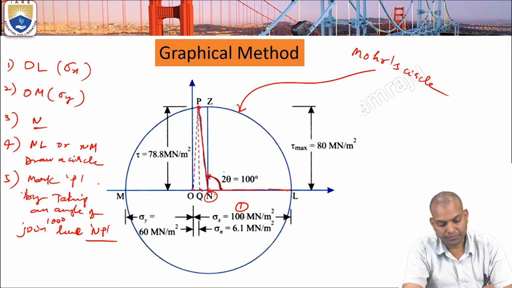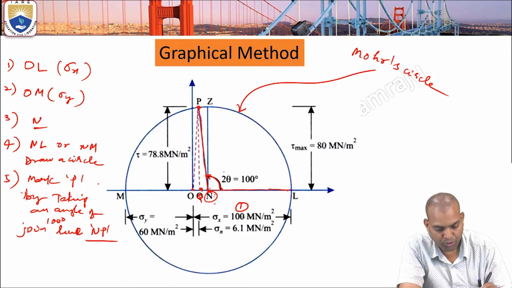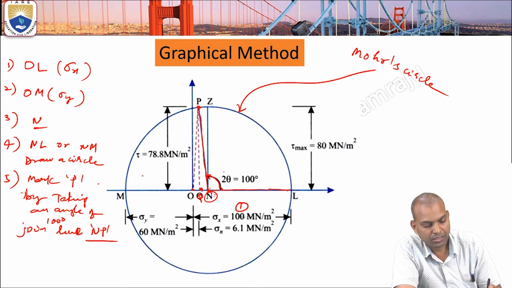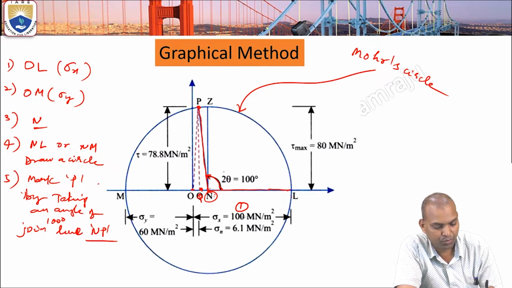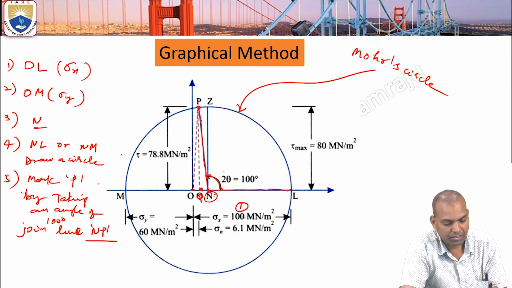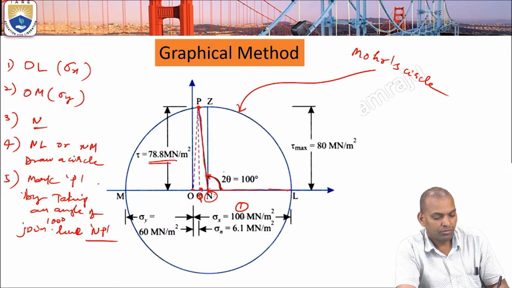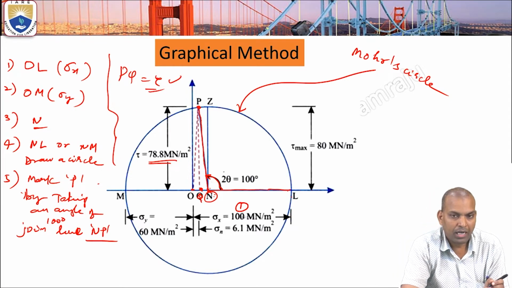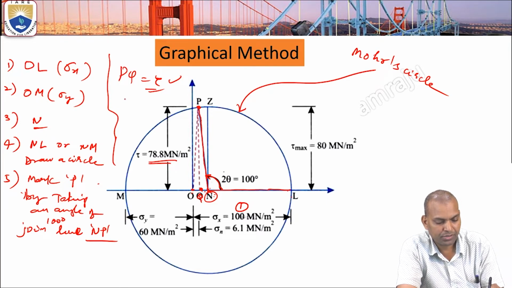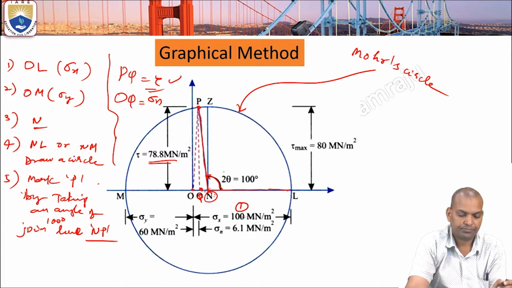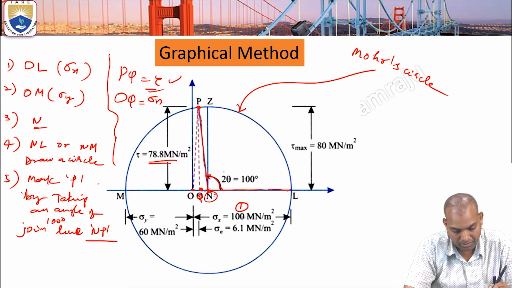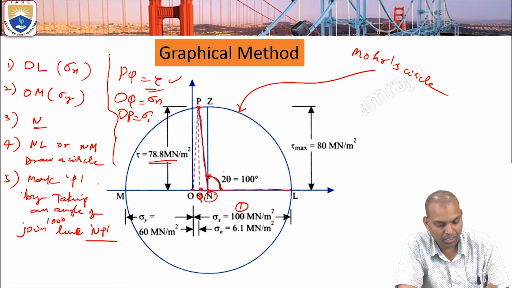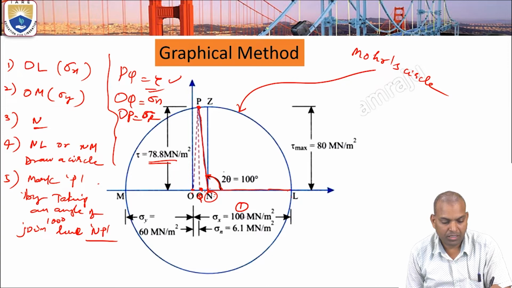Now project this point P on the axis, on the line OL, that is Q. So this PQ height gives the shear stress, 78.88. The height of PQ gives the tau value, and the distance from O to Q gives the sigma n value, and joining OP gives the sigma r value.